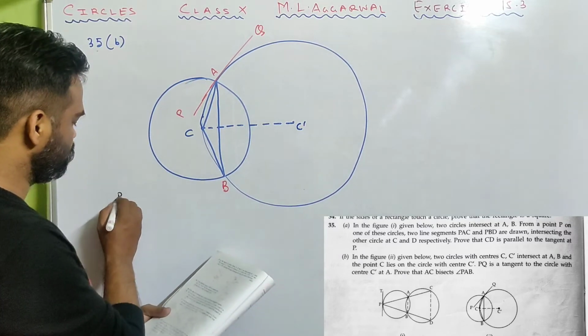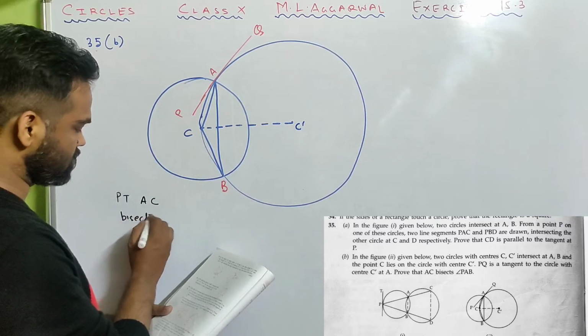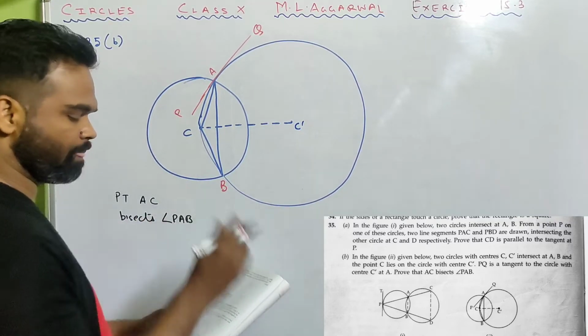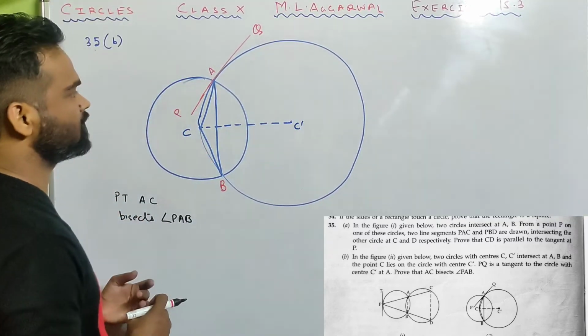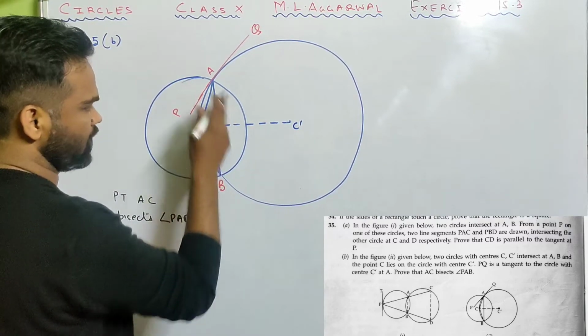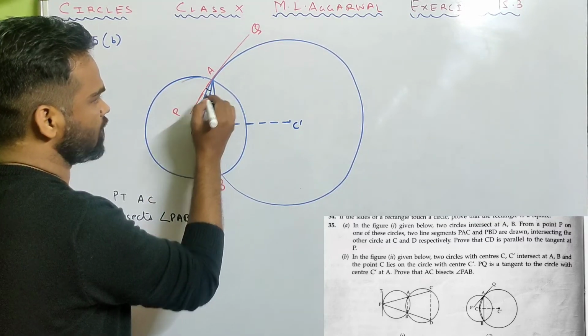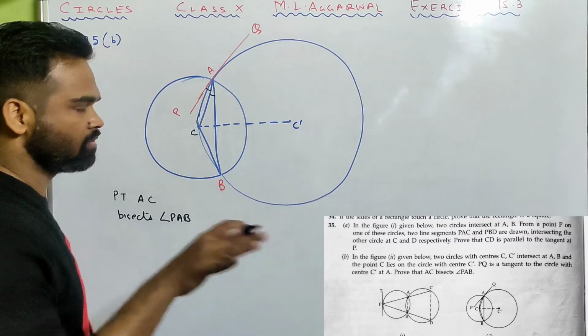Prove that AC bisects angle PAB. AC, C is this point, center of the smaller circle, bisects PAB, which means this angle and this angle are equal. We need to prove that. Very easy.